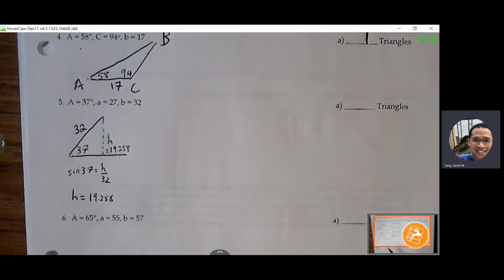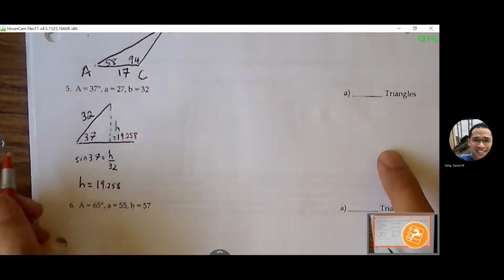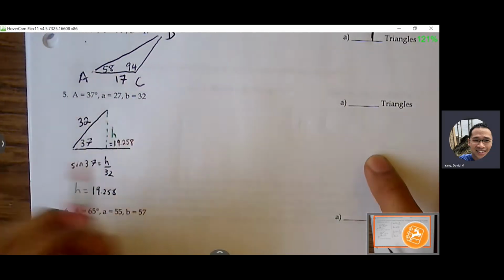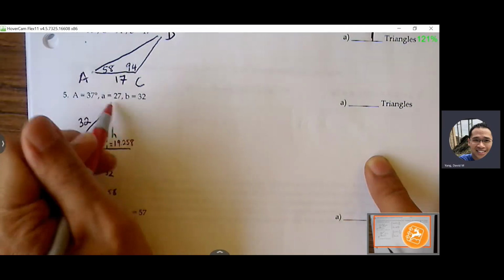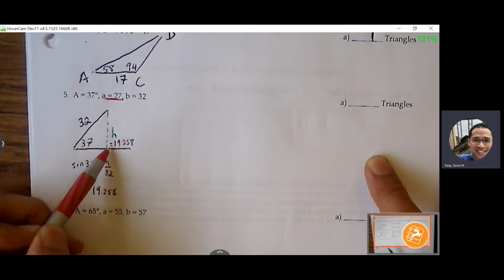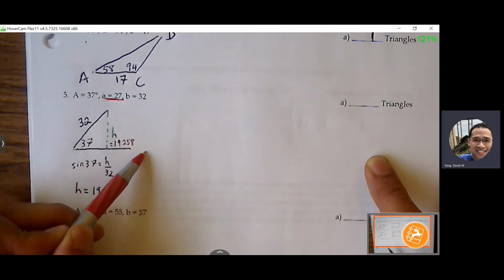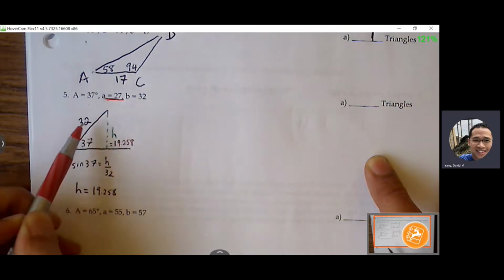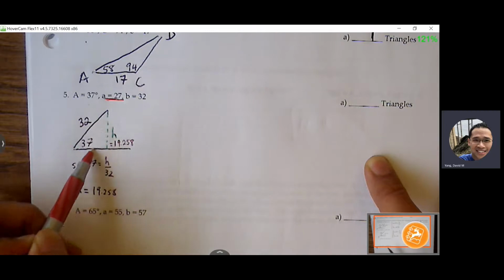All right, what do you guys notice here? 2 triangles, right? You see that A equals 27, that hanging side is greater than the height, so that means it's going to be able to hang out here. But it's also shorter than 32, where it's going to be able to hang out here as well.